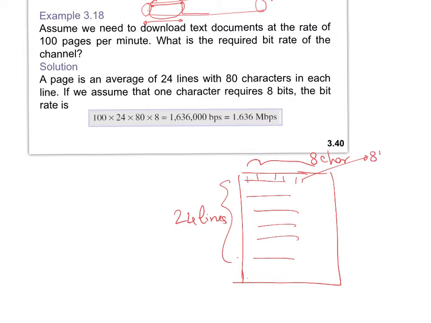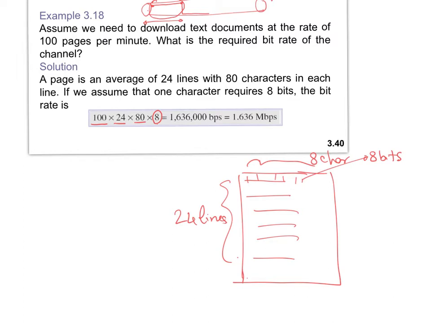Each character is represented using 8 bits. Then the problem simply becomes multiplying 100 pages by 24 lines by 80 characters by 8 bits per character, right?